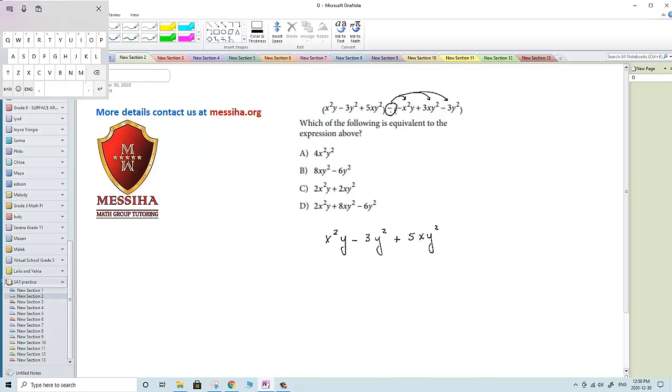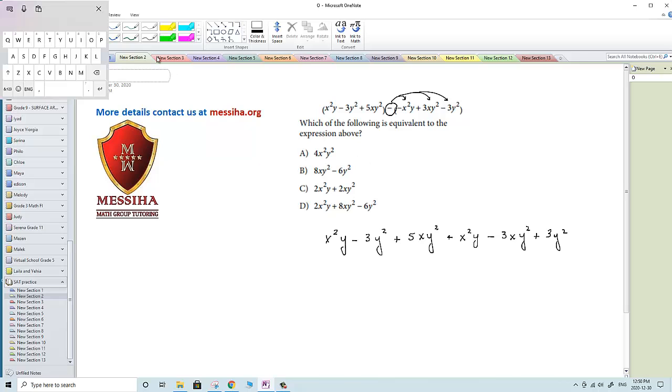Now it's time to distribute this negative inside the second bracket. Negative times negative equals positive, x squared y. Negative times positive equals negative 3xy squared. And after that, negative times negative equals positive 3y squared.